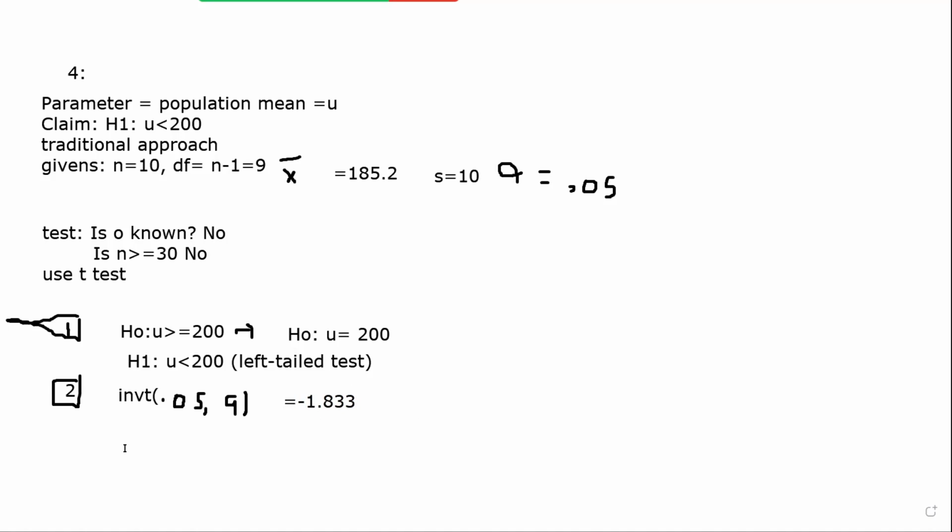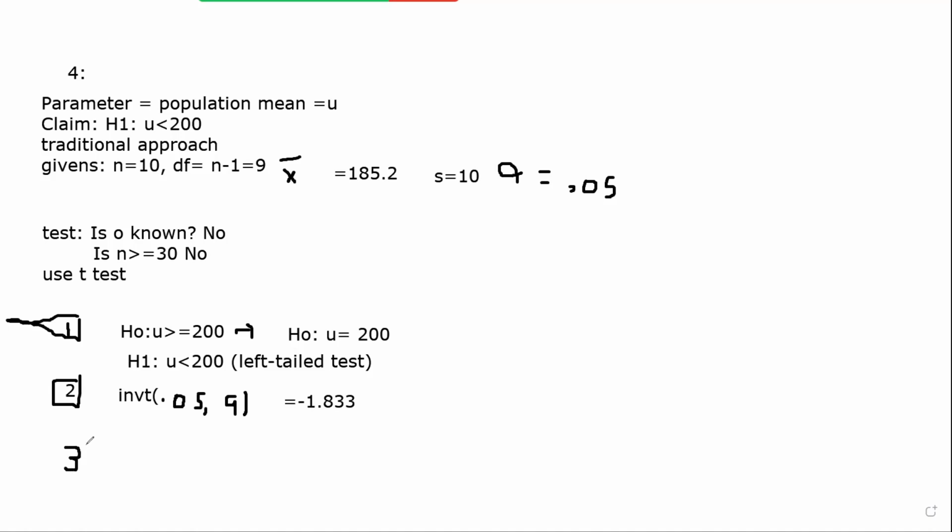Now I'm going to calculate my test statistic. Very similar to the Z. This is not hard. This is what we did before. So we're going to calculate our test statistic with our formula.